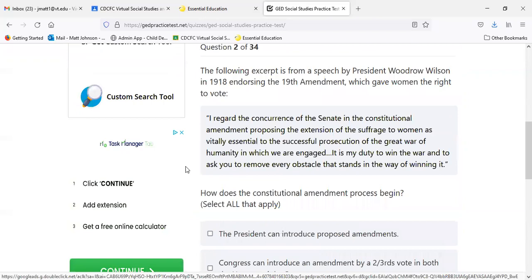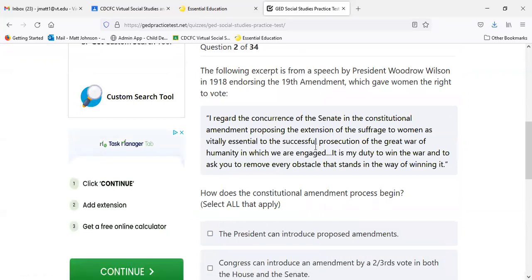Question 2. Okay. So the following excerpt is from a speech by President Woodrow Wilson in 1918, endorsing the 19th Amendment, which gave women the right to vote. He said, "I regard the concurrence of the Senate in the constitutional amendment proposing the extension of the suffrage to women as vitally essential to the successful prosecution of the great war of humanity in which we are engaged. It is my duty to win the war and to ask you to remove every obstacle that stands in the way of winning it."